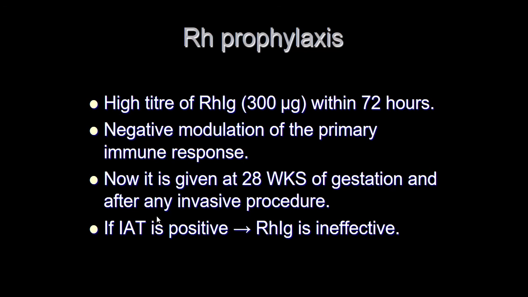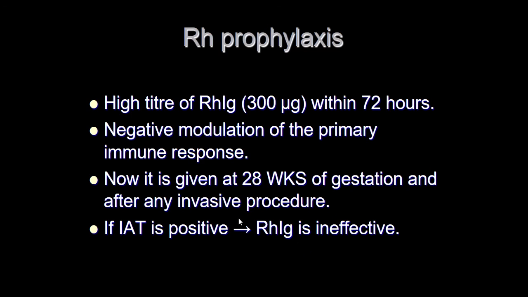But it is so important to know that if the indirect antiglobulin test is positive, that means the mother is already sensitized and has antibodies, then the Rh immunoglobulin is not effective anymore. If she already developed the antibodies, this is not going to be effective.